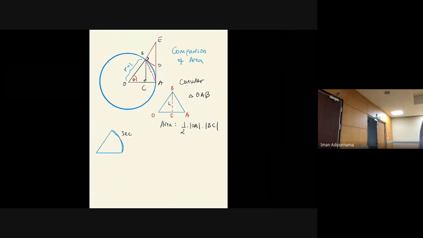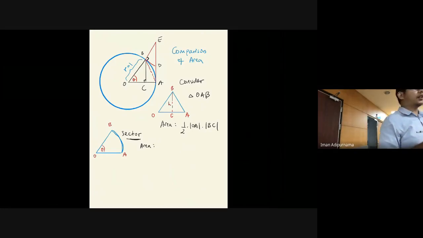If you don't know the name of the shape, this is called a sector, the one whose shape is like a pizza slice. This is also OAB, and this is theta.